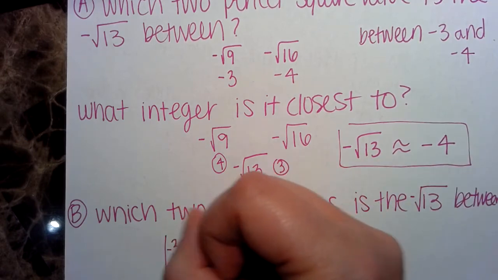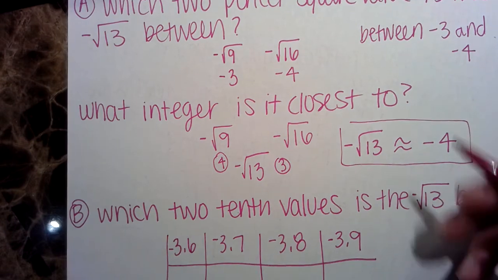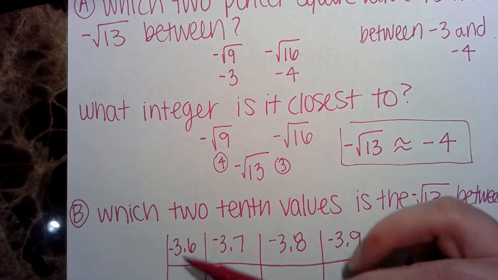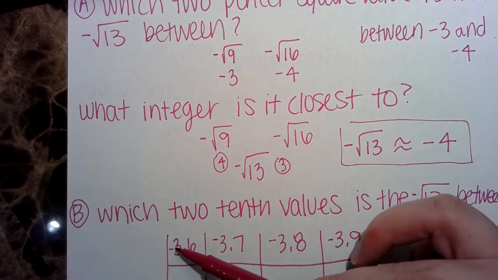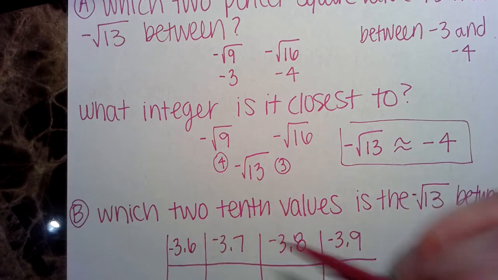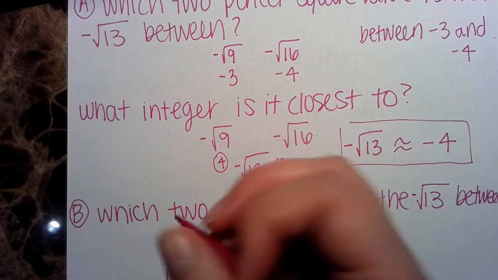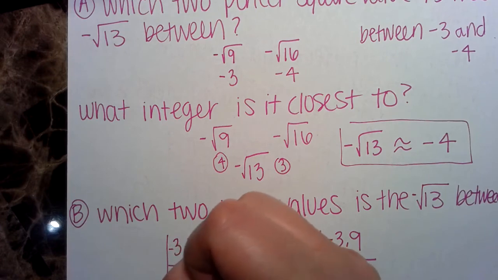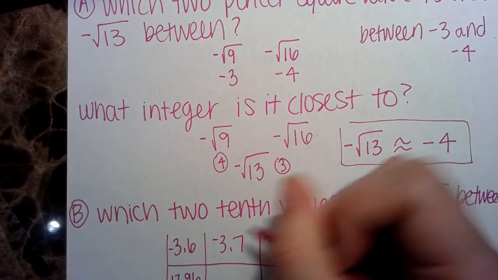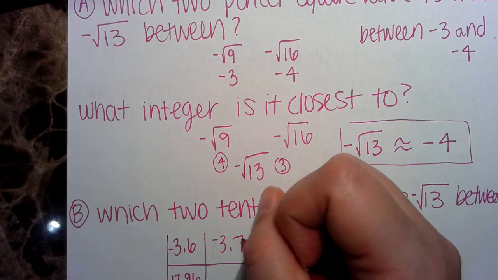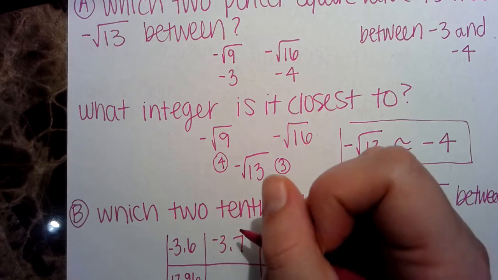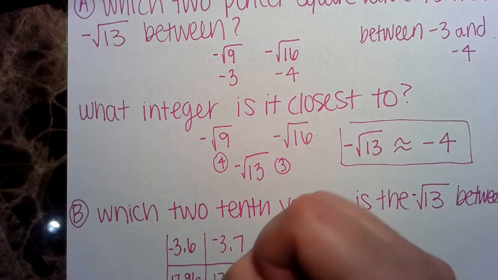What I'm trying to do is find the values of these numbers. If I do -3.6 times -3.6, or you could do it squared, it's going to be 12.96. If I do -3.7 times -3.7, I get 13.69.